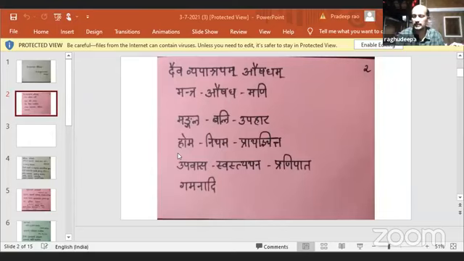Suppose you ask the price of Neela, it depends upon size, of course, but an ordinary Neela mani to make a ring will cost around 70 to 80,000. But in the market, you will get Neela mani for around 5,000 to 10,000. How is it possible? Because it is not an original thing.